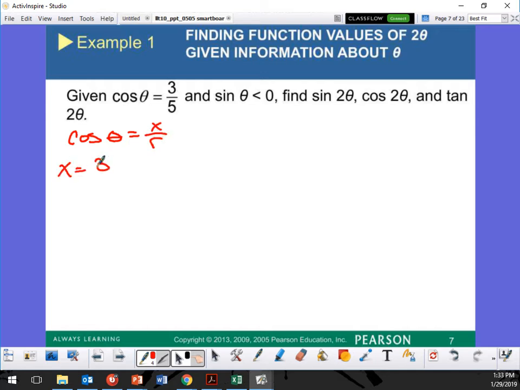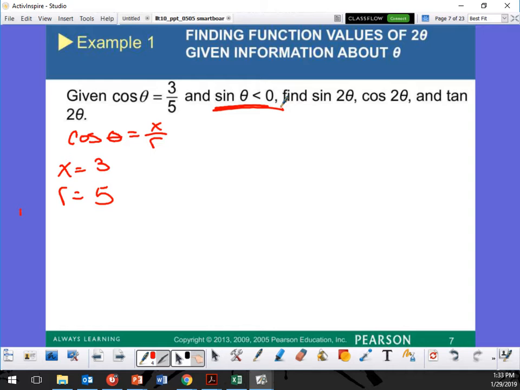X is 3, R is 5. Now, I gotta find a y value. Pythagorean Theorem. And this next part right here says that sine theta has to be less than 0. So it's negative. We have done this problem so many times.